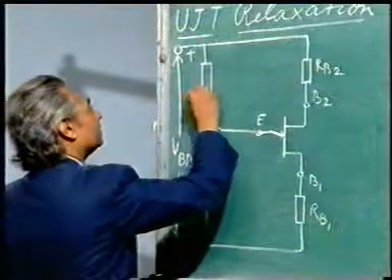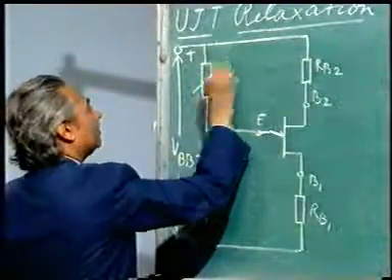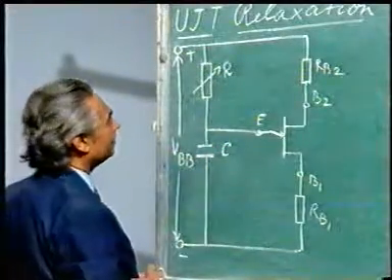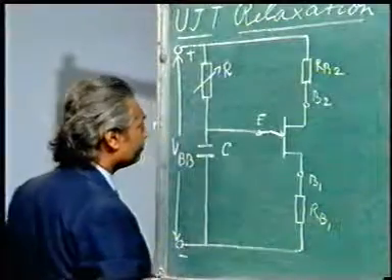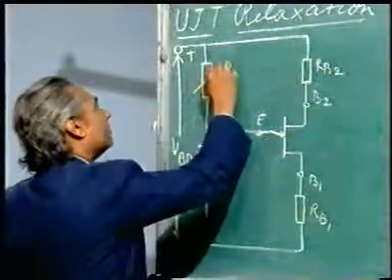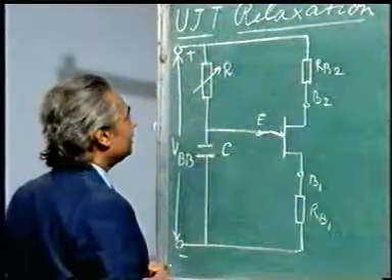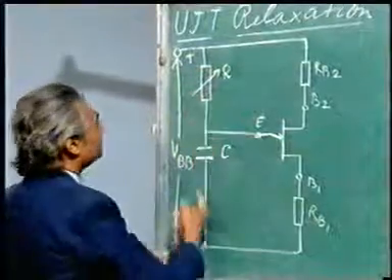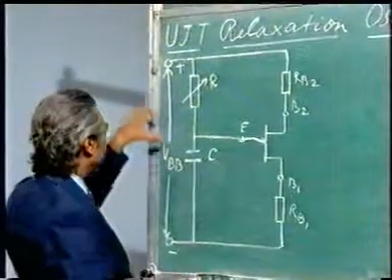This is a variable resistor R, and this is capacitor C. Now what will happen? If I have a constant voltage here, but a variable resistor here, I can change the value of the resistor, which is nothing but an RC circuit connected across the VBB.